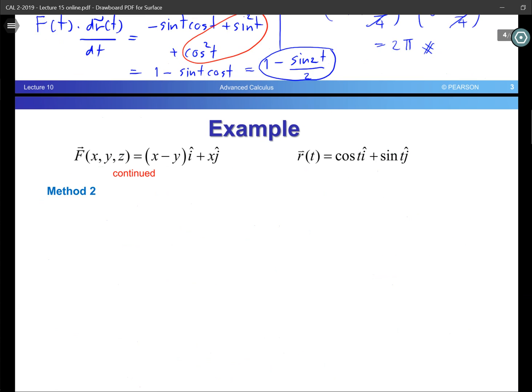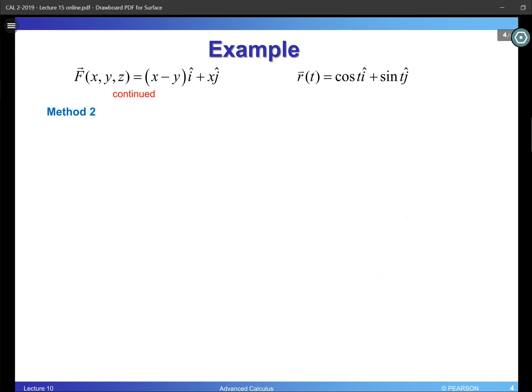Okay, now same example, but let's try a different method. Okay, let's take a look here. Same vector field, same path, and also same time, starting from t equal to 0 and t equal to 2 pi. But if it happens that before you start doing this example, you draw the graph.